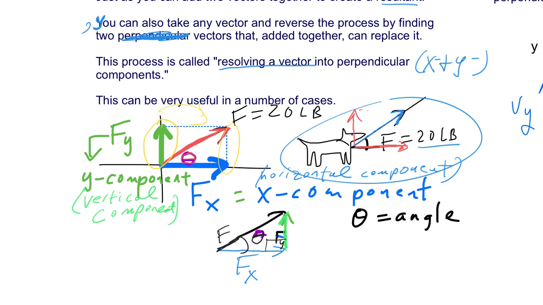Okay, so what we can say is this force is the vector sum of its components. So the slanted force, or the slanted vector, is the vector sum of its x and y components.